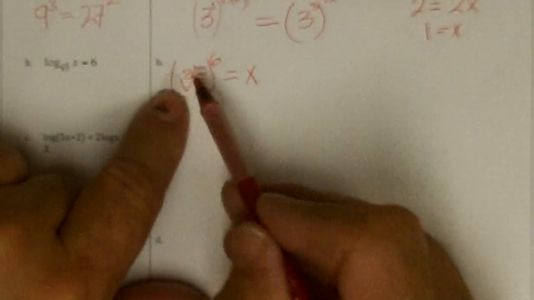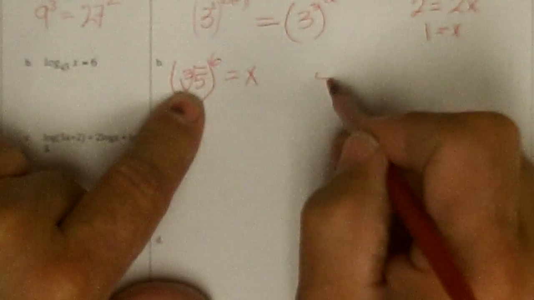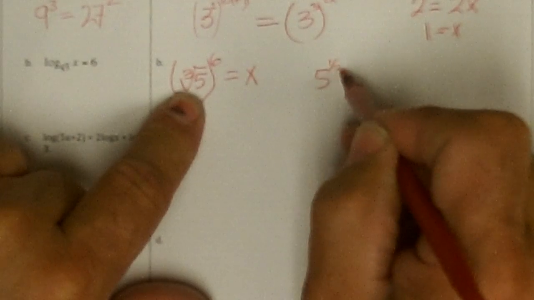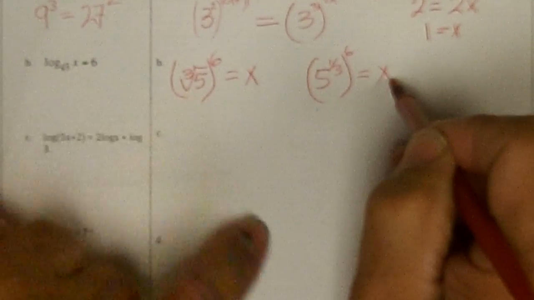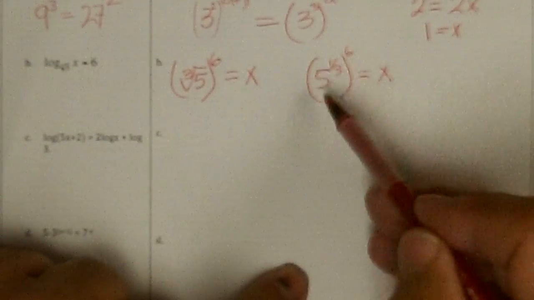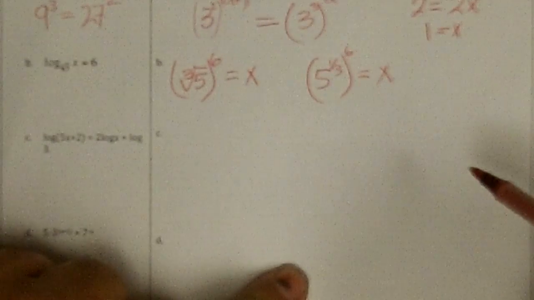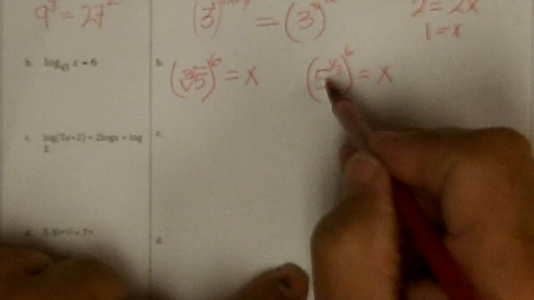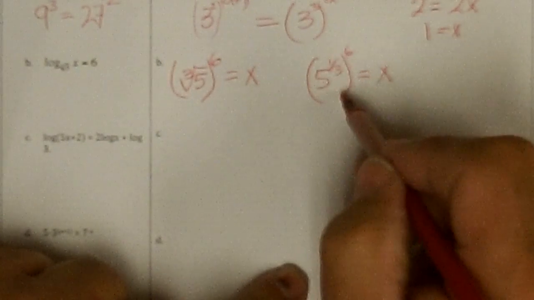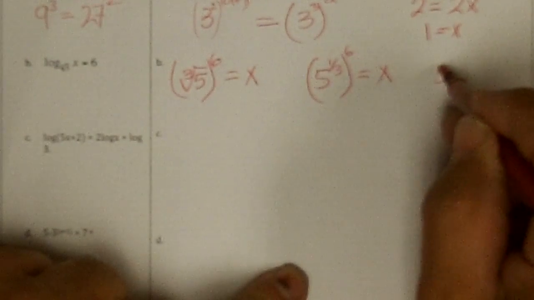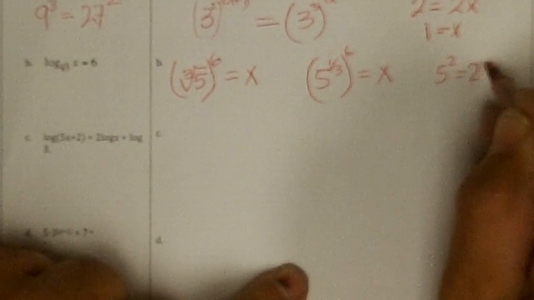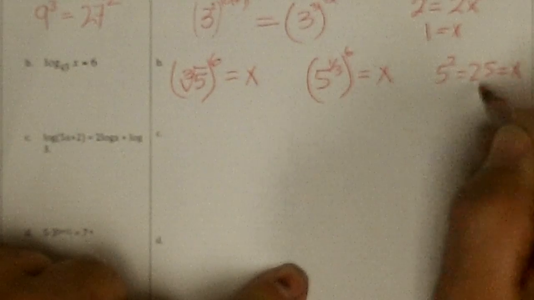Now, cube root is the 1/3 power, so we have 5 to the 1/3 to the 6th equals x. What do we do? We multiply the powers. 1/3 times 6 is 2. So we have 5 squared is x, and so that turns out to be 5 squared is 25, and that's what x is.